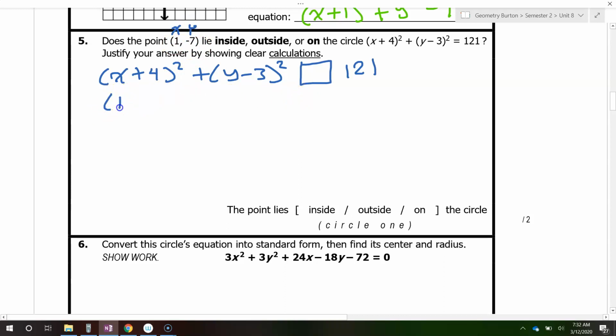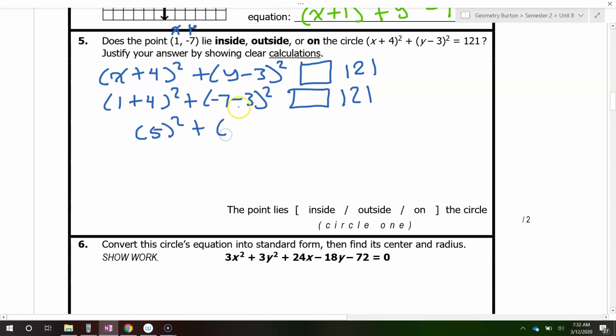So if I let x be 1, I've got (1 plus 4) squared. Y is -7, so (-7 minus 3) squared. And I'm not sure how that compares to 121 yet. So that's going to be 5 squared. -7 minus 3 is -10, squared.